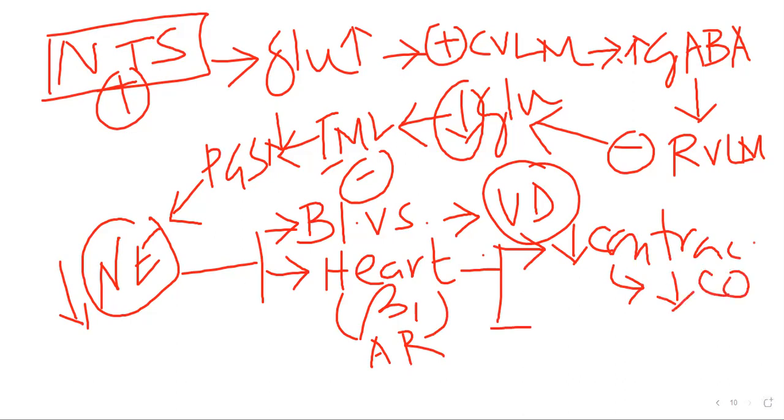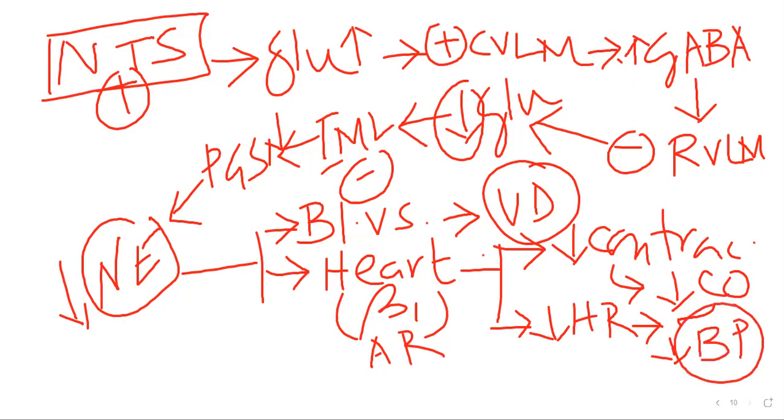And second, decreased effect on the heart will lead to decrease in the heart rate. So this eventually will lead to decrease in the blood pressure. These two things will definitely occur in the J reflex: a decrease in the heart rate, and a decrease in the blood pressure.